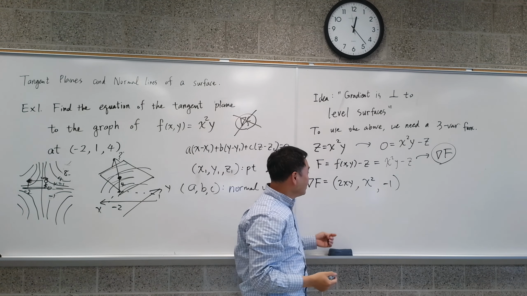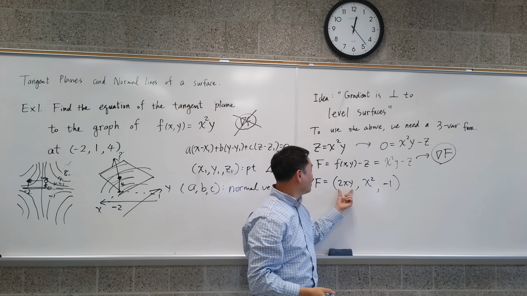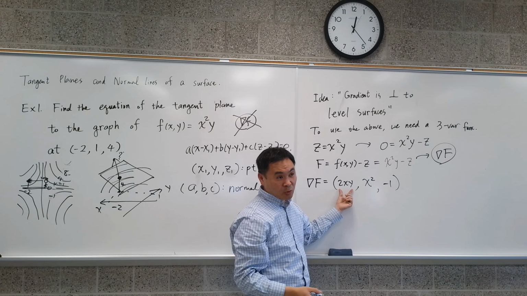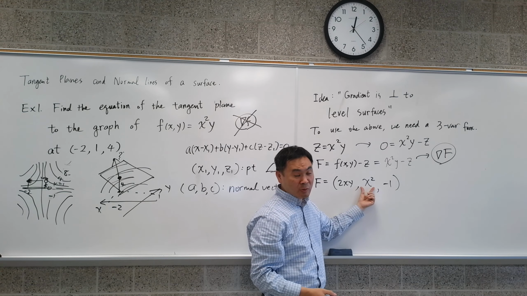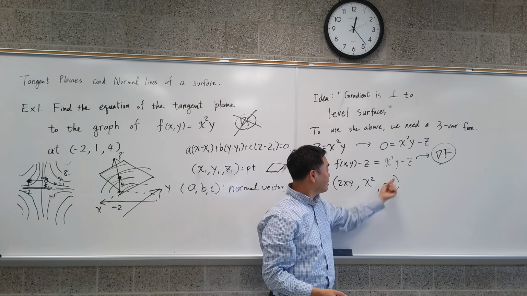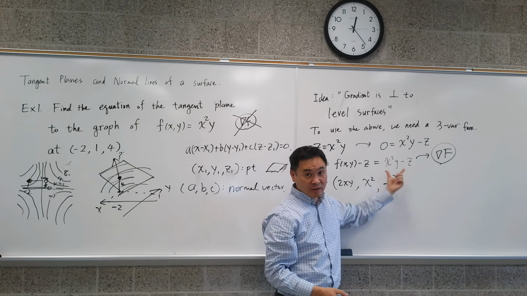Oh, okay. Yeah, so this is capital F, this function differentiated with respect to x. This is this function differentiated with respect to y. This -1 is this function differentiated with respect to z. Yes.